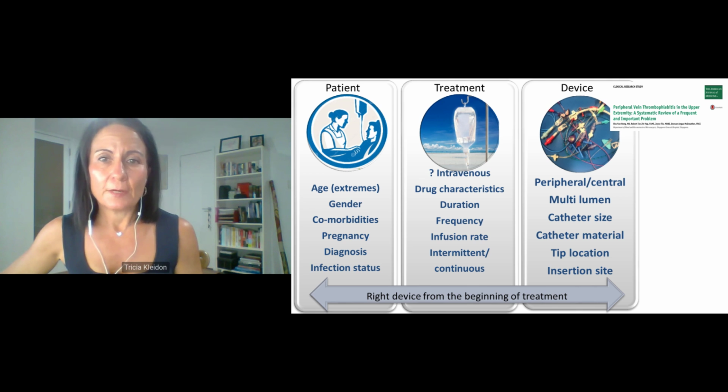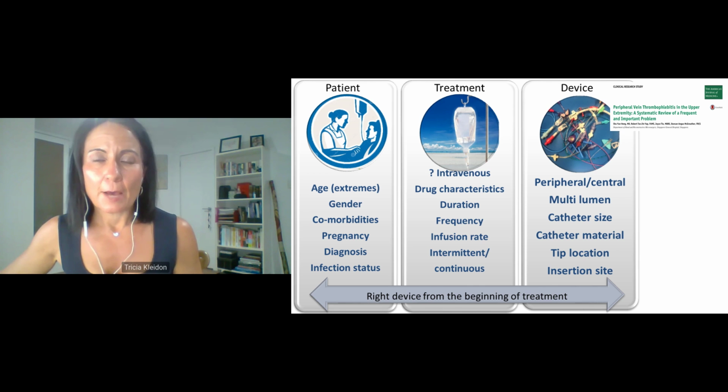And so then if we look at this more detailed examination of the patient, treatment and device factors to consider what is the most appropriate vascular access device for each individualised episode of care, we need to really consider these factors together as a unit and how they interact with each other.